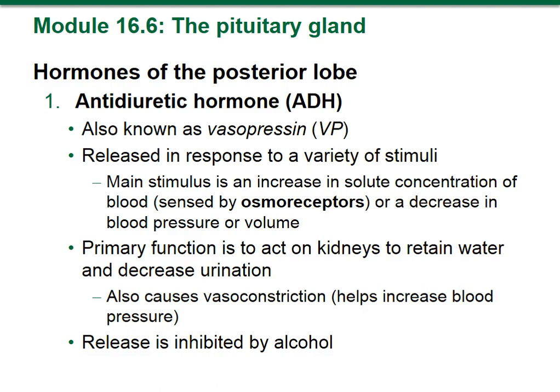It brings up your blood pressure. Okay. So it acts on kidneys to retain water and decrease urination. So you keep more water inside of you. So does that increase or decrease pressure? It increases, right? So you will not go to the bathroom as often, right? But if you inhibit ADH, like when you drink alcohol, then what happens? The opposite. You release a lot of water from the body.